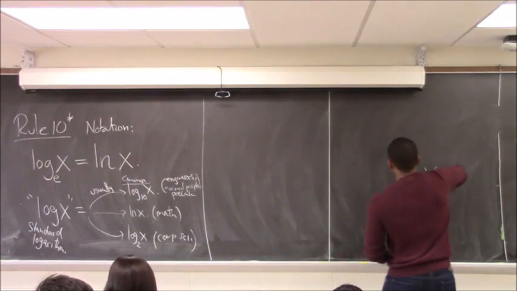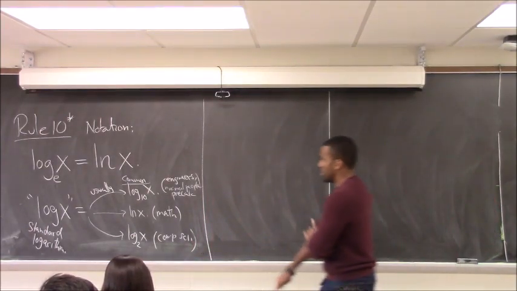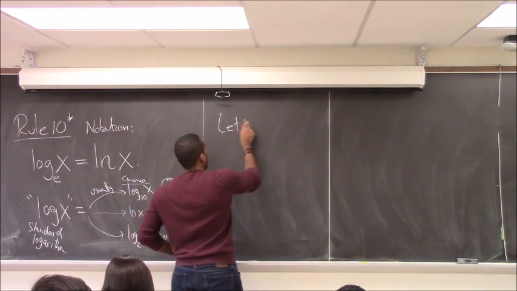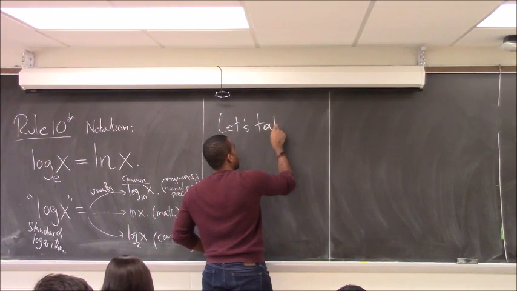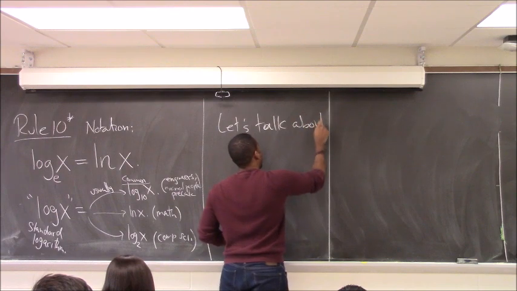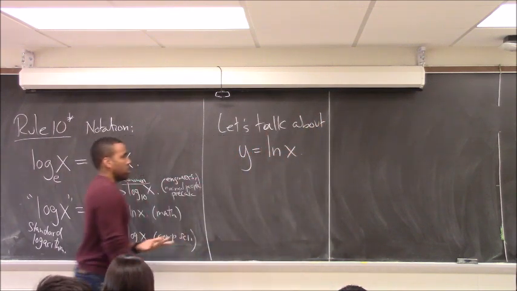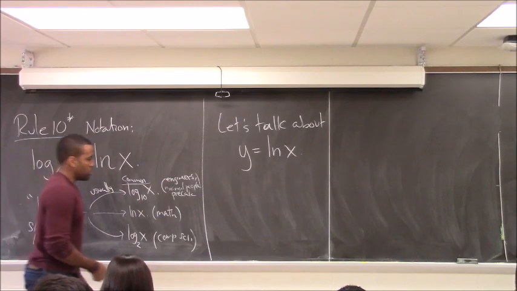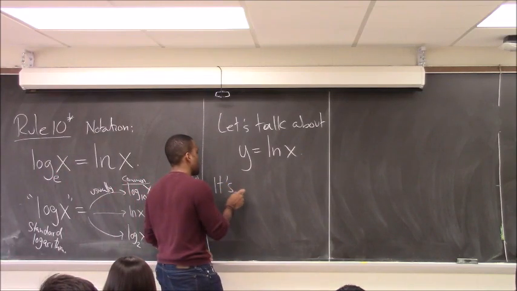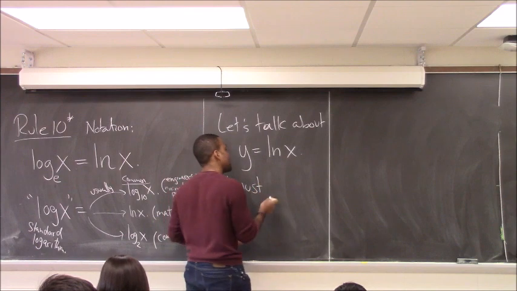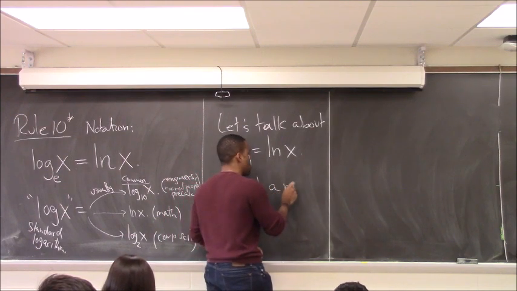Now let's talk about the natural log for a moment. Okay, so now one thing I want you to appreciate, it's just a regular logarithm. I mean, it's a special one, it's a convenient one, but it's just a regular logarithm.